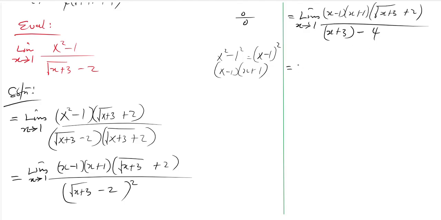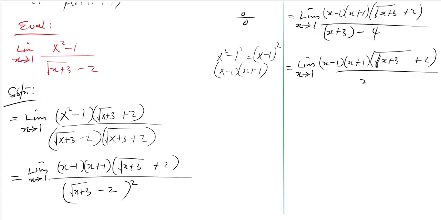So this will give us the limit as x approaches 1 of x minus 1 multiply x plus 1 multiply its conjugate, which is root x plus 3 plus 2, all over x plus 3 minus 4, which will be x minus 1.